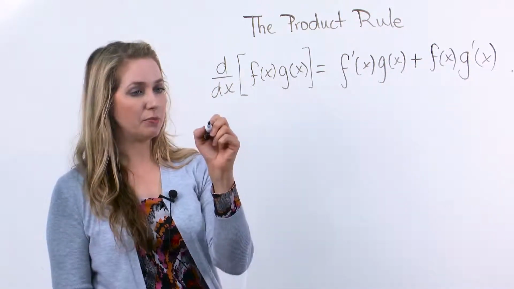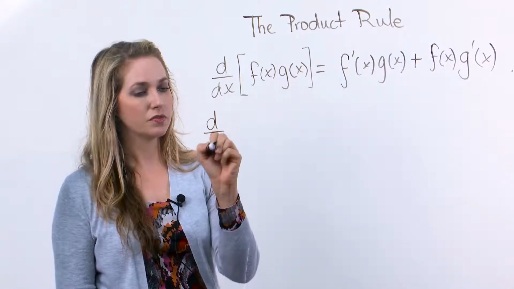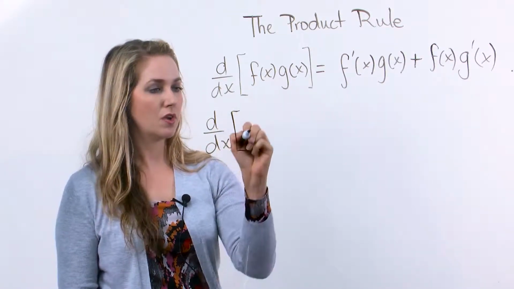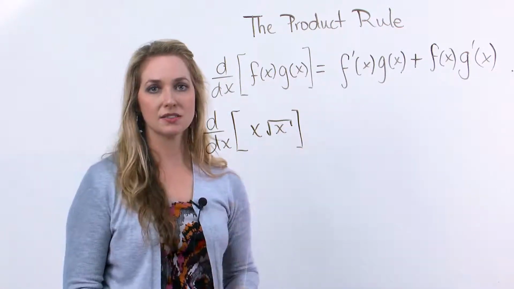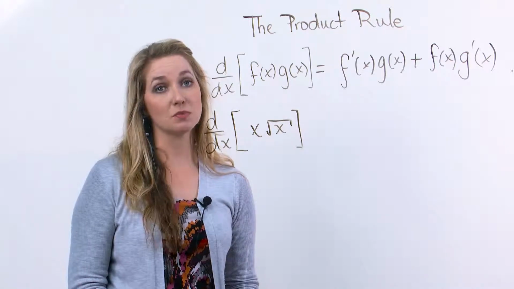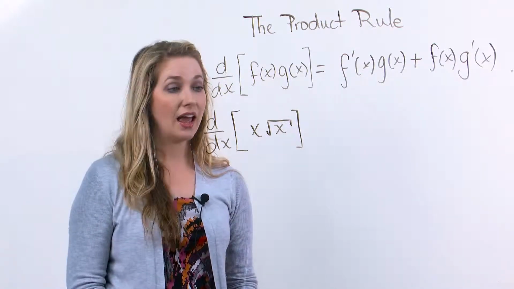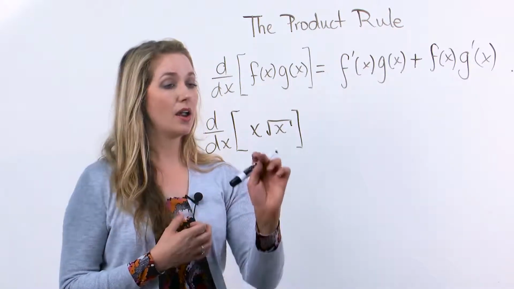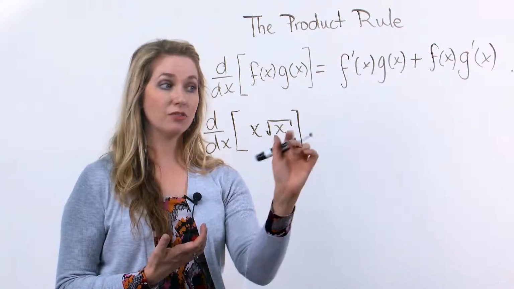So let me give you an example. Let's suppose we want to find the derivative of x times the square root of x. Now there are multiple ways to work this problem. Certainly, I could rewrite this as x to the first power times x to the 1/2 power.